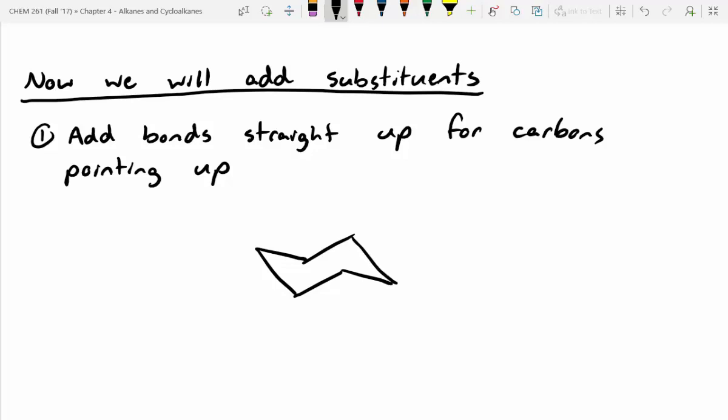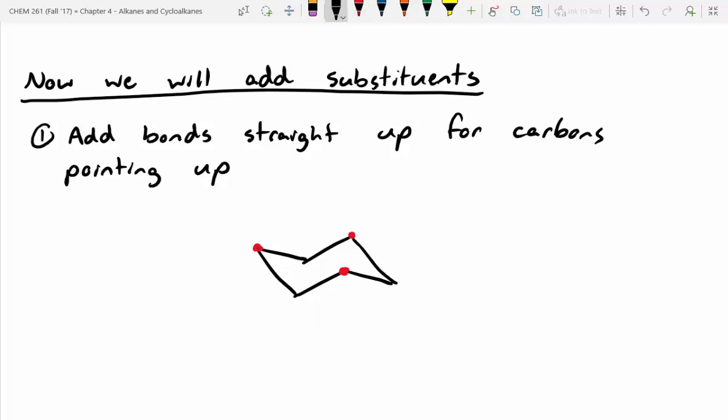First thing we've got to do is identify the carbons that are pointed up, right? So if I look at this carbon, it's pointed up. What about that one? Looks like it's pointed down to me, so we're not going to do that one. Next carbon pointing up is this one. This one's kind of pointed down, so we don't include it. This one's pointed up, and that one's pointed down.